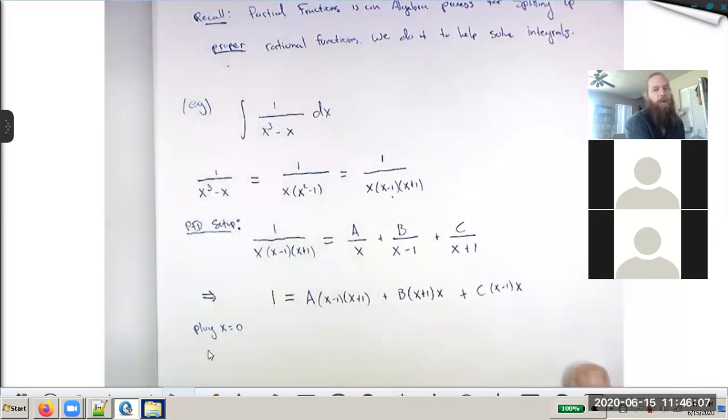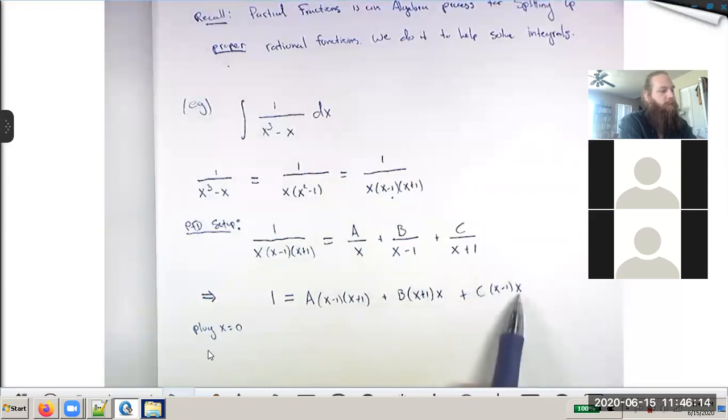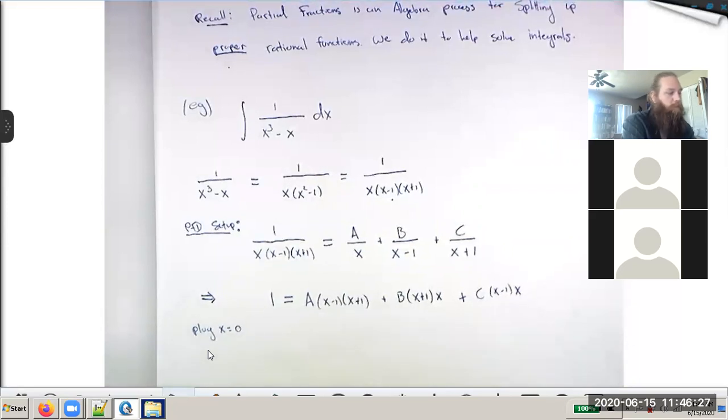If I plug x equals 0 into this equation, something cool happens. Because both this piece and this piece have x as a factor, when I plug in x equals 0, those terms will both go away. This would be B times 1 times 0, which is definitely 0. This would be C times negative 1 times 0, which is also 0.